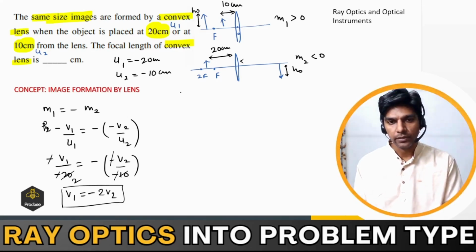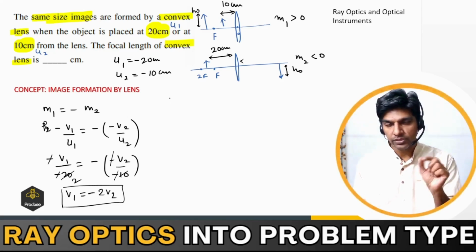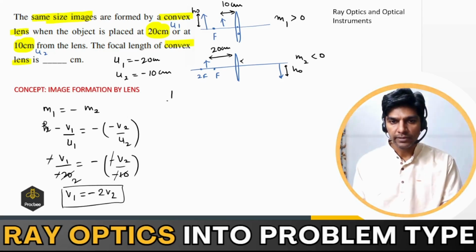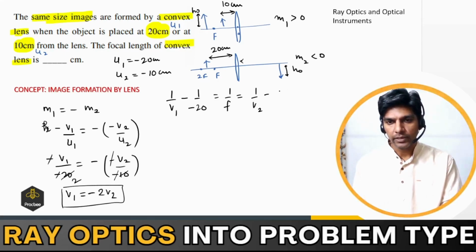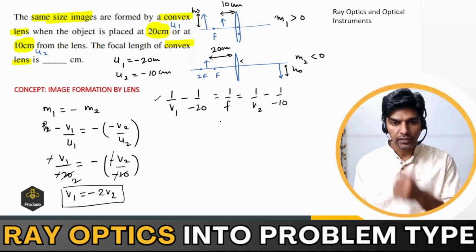And we need to find the focal length. So let us apply the lens formula for both the object distances. So we can say 1 by v1 minus 1 by u1, which is minus 20, will be equal to 1 by f, and this is also equal to 1 by v2 minus of minus 10. Now by using this equation, we can find the relation between v1 and v2.